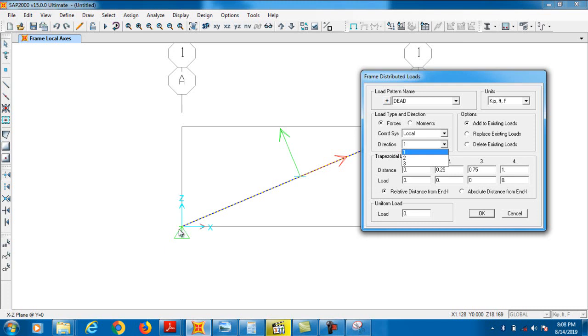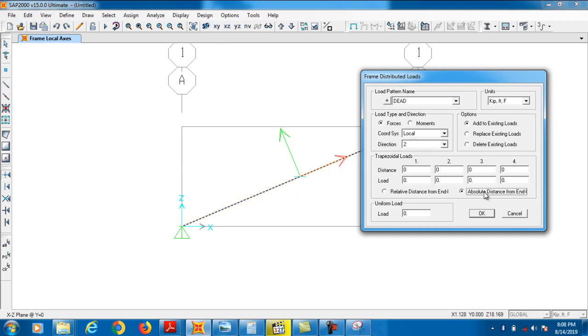For the global axis, 1 is for x, 2 is for z, and y is basically 3. But in the local axis, 1 is for x, 2 is for y, and 3 is for z. So therefore I select 2. Let's try.